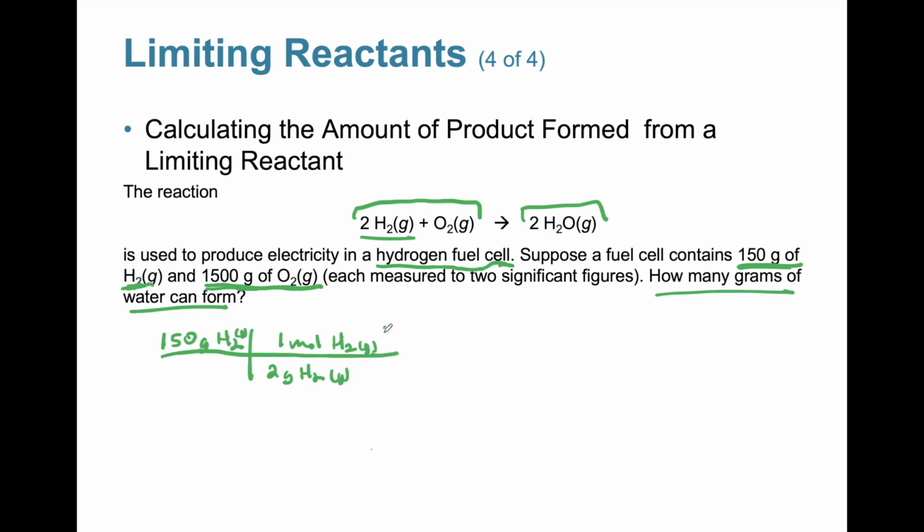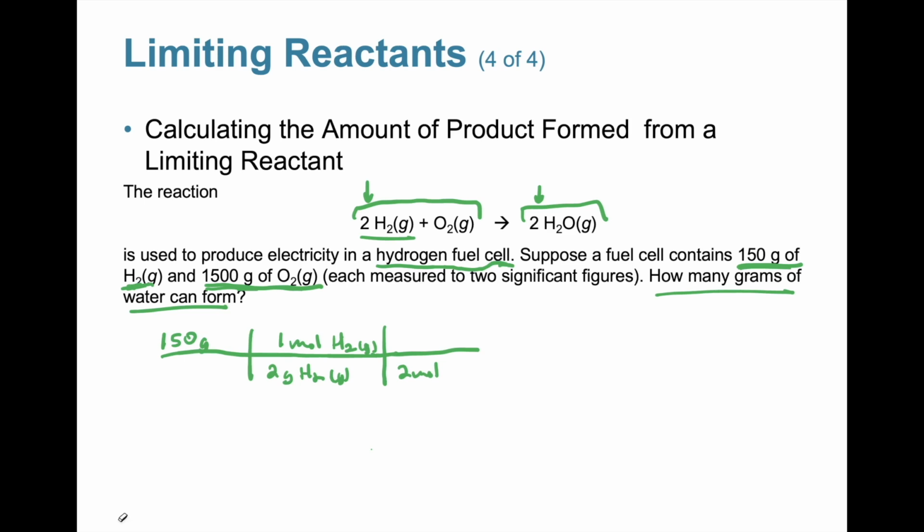So now that I've converted the hydrogen gas from grams to moles, I need to use the molar ratio. And this is why the balanced chemical reaction is so important. For every 2 hydrogens, I have 2 waters. So for every 2 moles of hydrogen gas, that looks really messy. I'm going to fix that. I'm also going to fix this too because it looks messy.